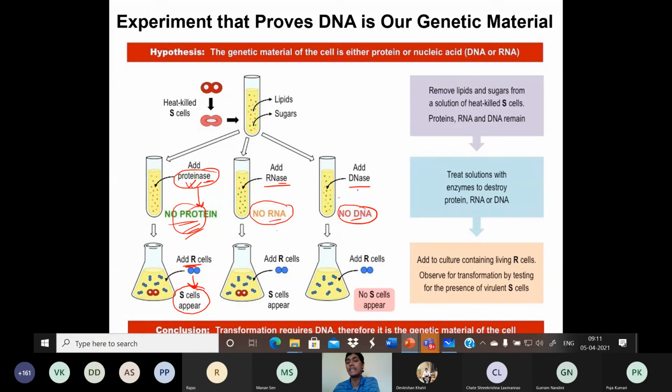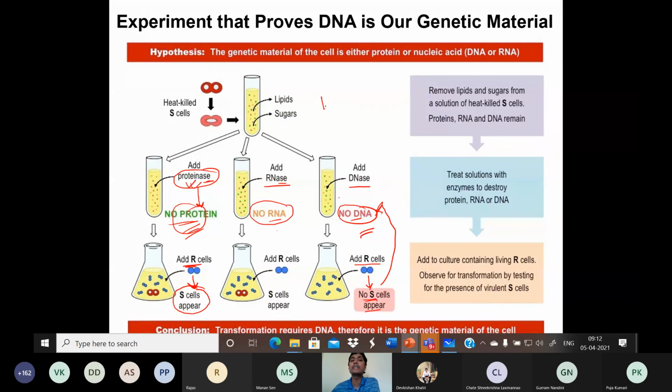When they added DNase, which destroys the DNA present in the solution, and then added the rough strain bacteria, no S cells appeared. That means transformation depends on DNA. You need to have DNA present in the solution in order to transform R cells into S cells.